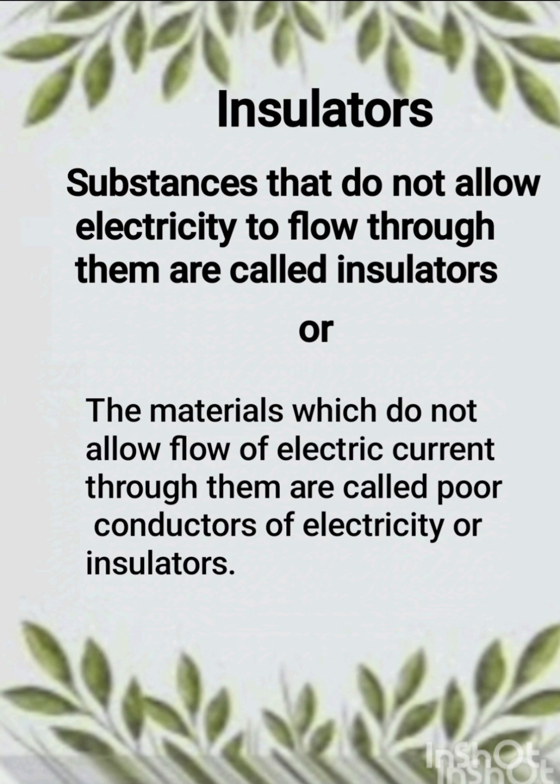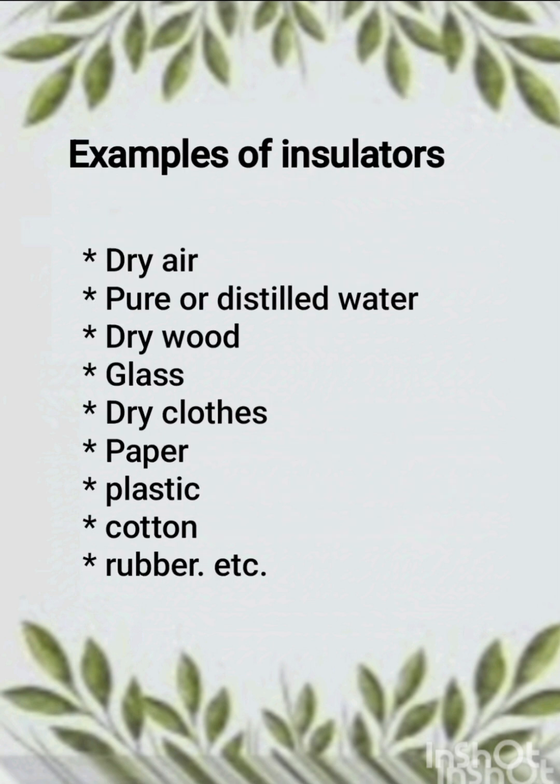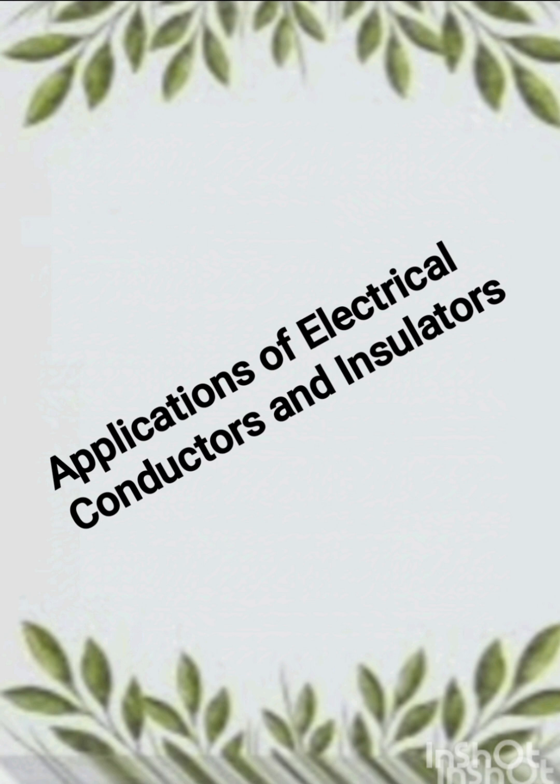Or we say the materials which do not allow flow of electric current through them are called poor conductors of electricity or insulators. Dry air, pure or distilled water, dry wood, glass, dry clothes, papers, plastic, cotton, rubber, etc. are some examples of insulators.